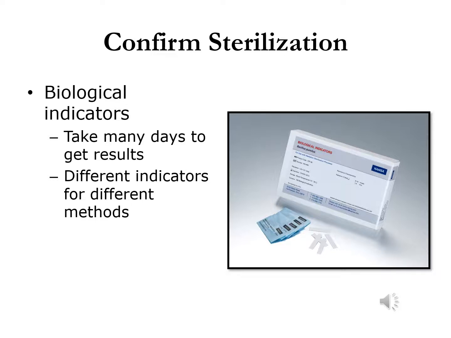The last part of deconning, of course, is making certain it was efficient. And we've talked about this. To do that, the safety officers use indicators. There are biological indicators that have bacterias and funguses embedded in them. So the indicator is taken out of the room that's been deconned.